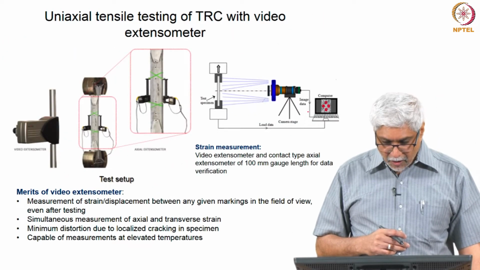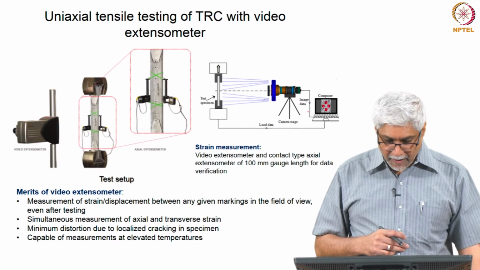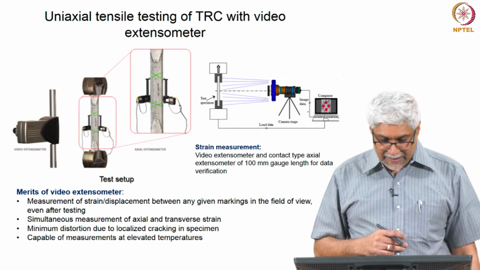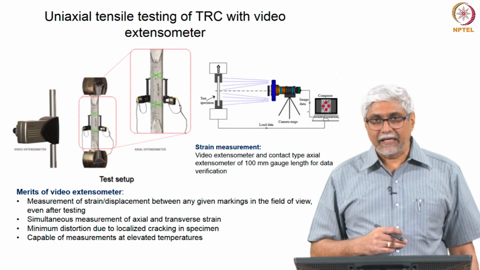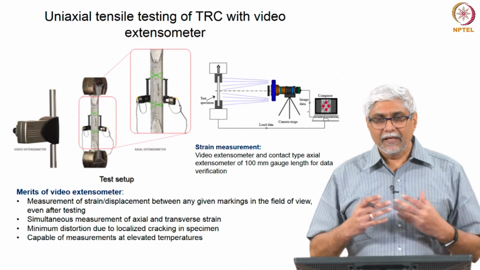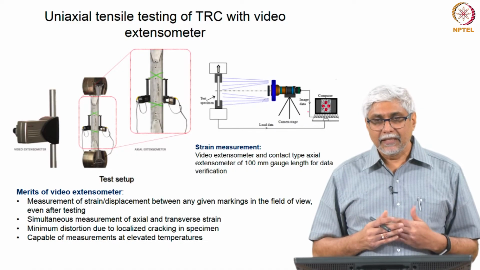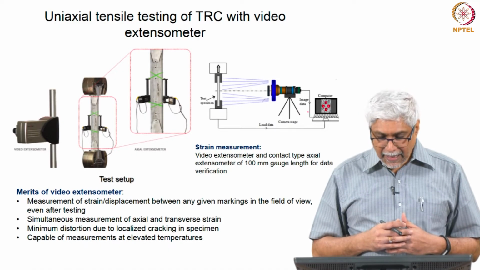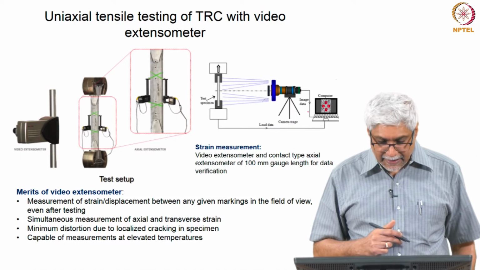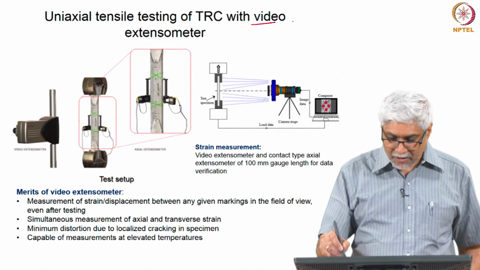Now, these are tests of one of our research scholars Sachin Paul, he will show you in a video how these tests are done. So, this is textile reinforced concrete. It is a very ductile composite where you have, in a cementitious mortar, embedded glass fibers, and the possibility of the test that Sachin is running is that we can use a video extensometer.